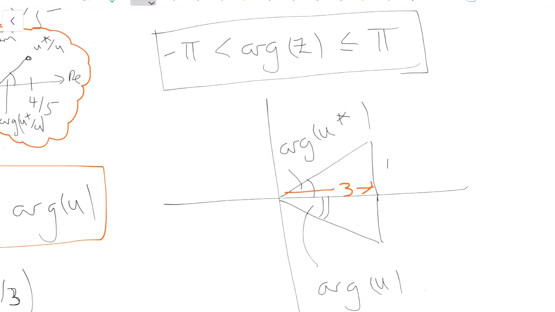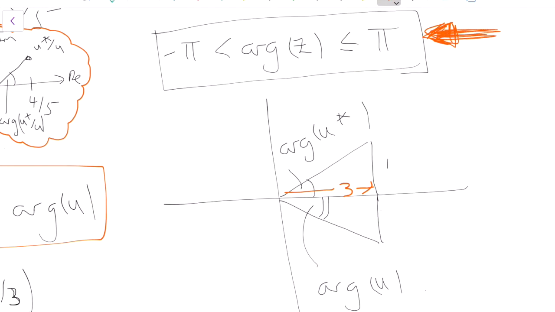I'll erase that. And remember, guys, for arguments of complex numbers, our principal values are between minus pi and pi, with minus pi not included. You have to remember this.